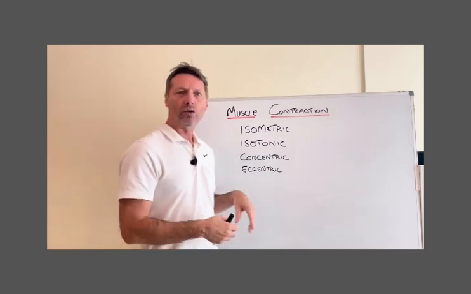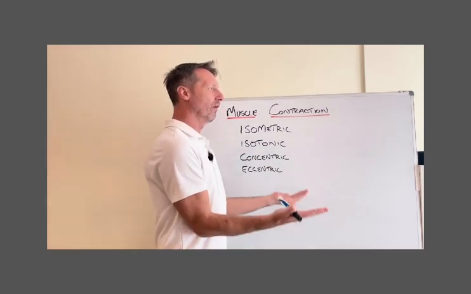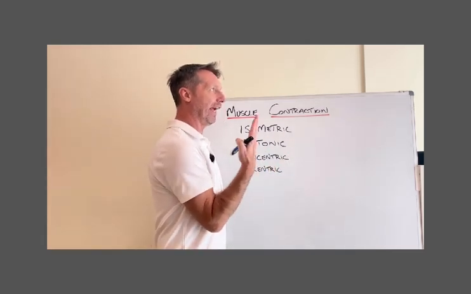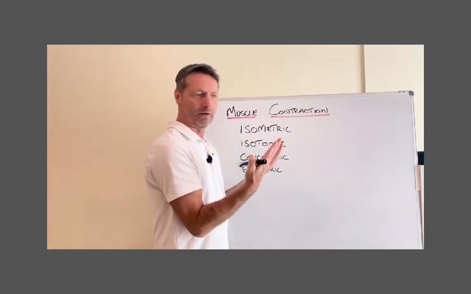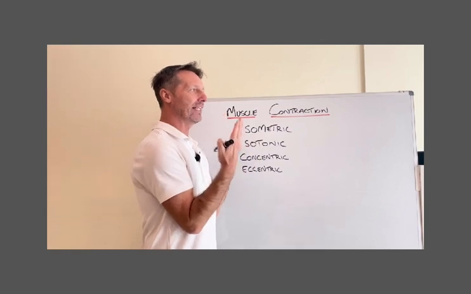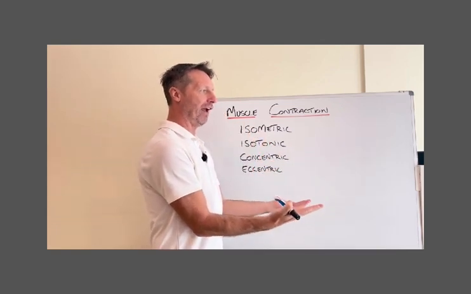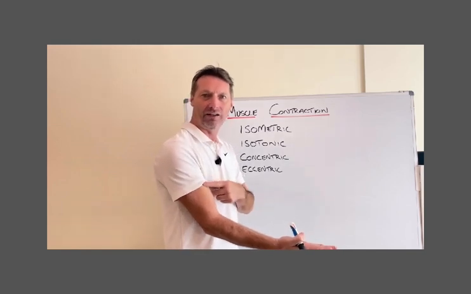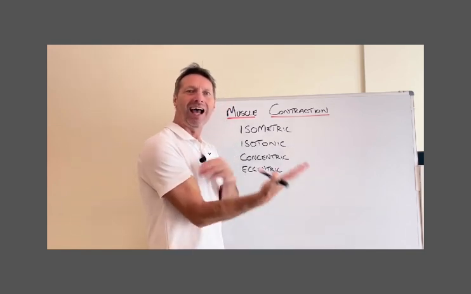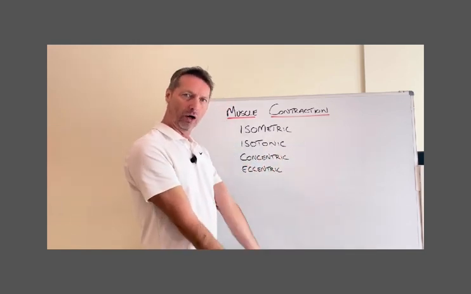And now concentric is the upward phase of elbow flexion where the muscle is contracting and getting shorter. And then eccentric is the downward phase of elbow flexion where the muscle is still under tension. It is still contracted as it gets longer.